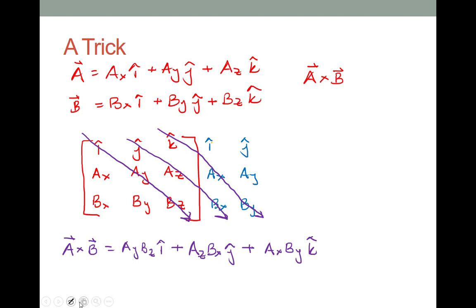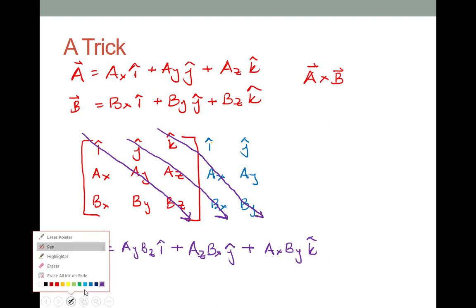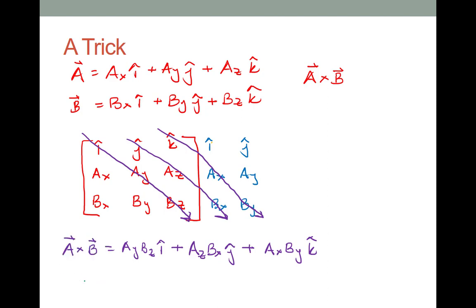Okay. Now I'm going to switch colors just for illustration purposes. Let's go to green. We're now going to multiply the other diagonals and go up and to the right. But when you're doing this set of diagonals, you subtract. Okay, and I'm going to group these under their unit vector.